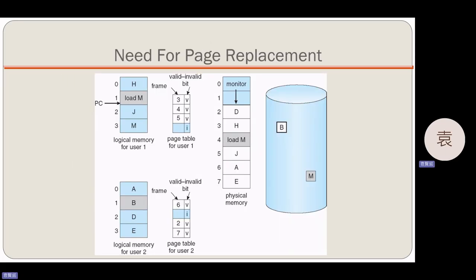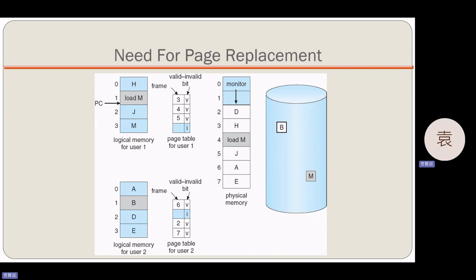Let's see this example. We have two processes, and both processes have 4 logical pages. For the first process, in its 4-entry page table, the memory location M is in logical page 3, but page 3 is invalid. It's not in memory yet.